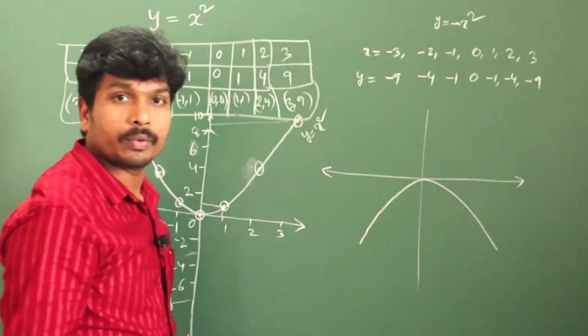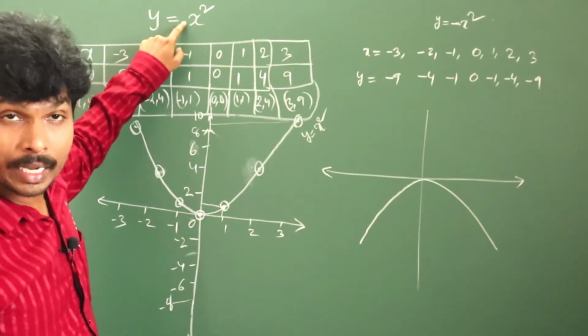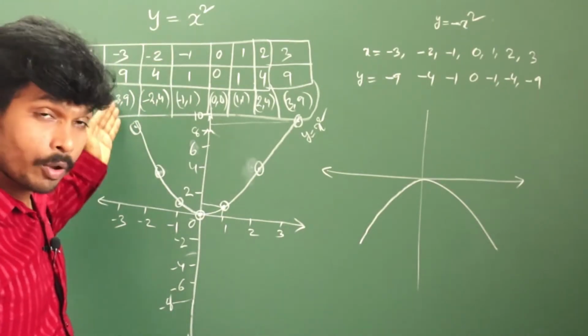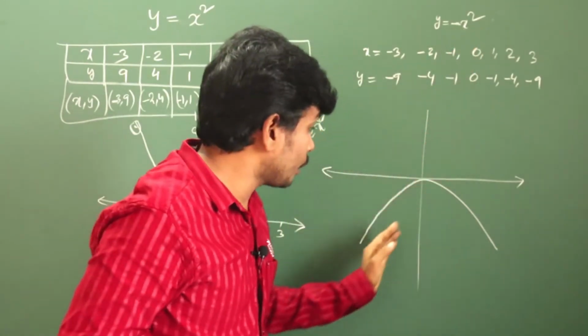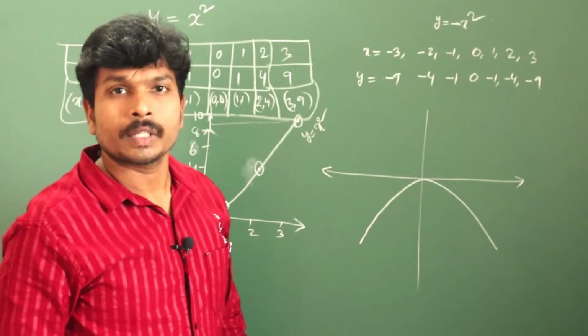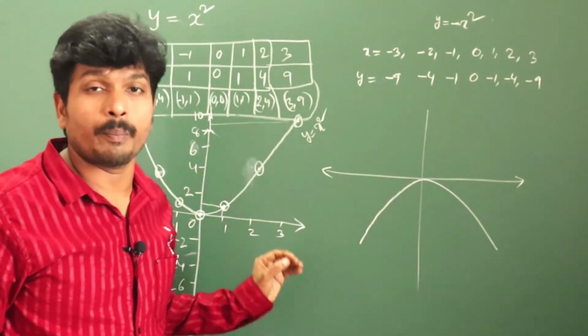This is your graph. When the x square coefficient, a, is positive, your parabola opens upwards. When the x square coefficient is negative, your parabola opens downwards. Okay, 3 points we discussed. The graph of a quadratic expression is a parabola.